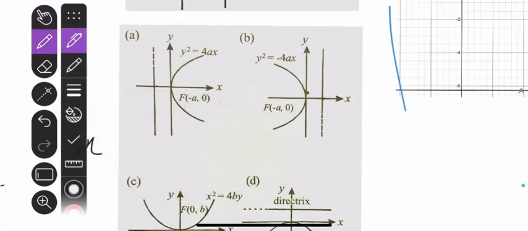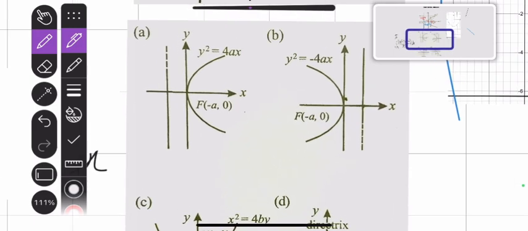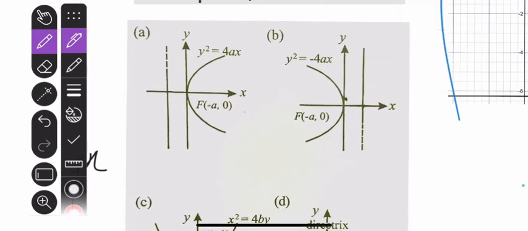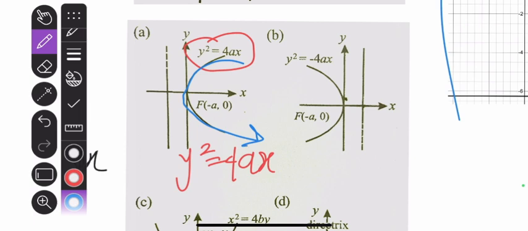Now let's look at the types of parabolic graphs you can see in conic sections. Take note of these equations here. When y squared equals 4ax, the parabola is moving towards the right direction. You see the curve is moving this way towards the right on the x-axis.